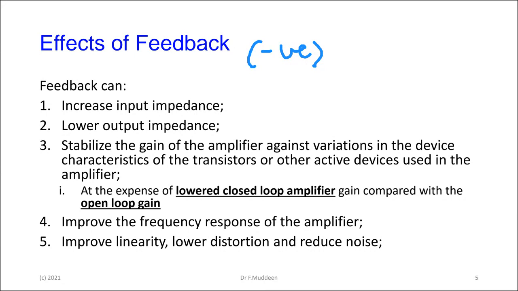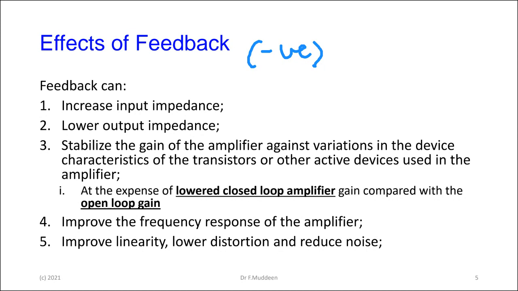If you have the open loop gain of the amplifier, which is the gain without any feedback, at some value, when you supply feedback to the amplifier, the gain is going to drop. So you will have to factor that into your manipulations. But the benefit is that if the components vary around the place, the gain of the amplifier is not going to fluctuate too much.